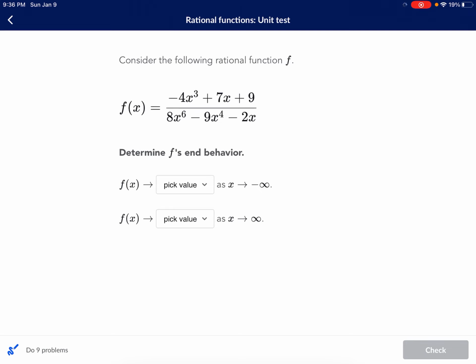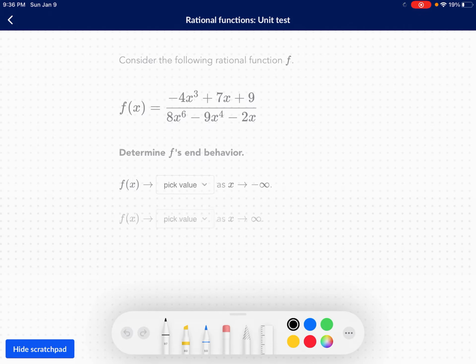Alright, consider the following. As x approaches infinity, we can ignore this, we can also ignore this, because it would just make the fraction smaller. Let me make sure.